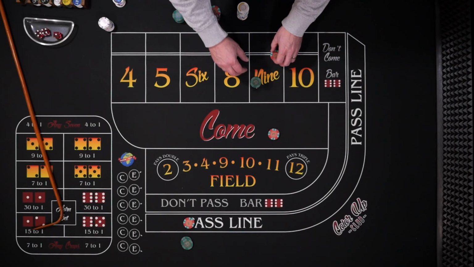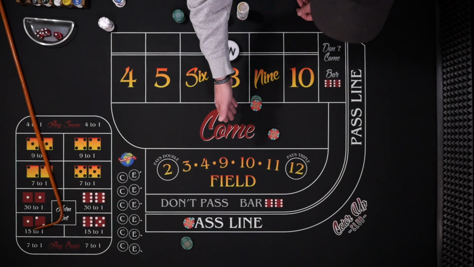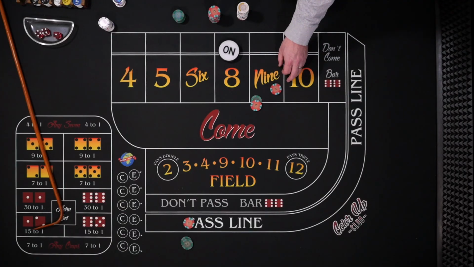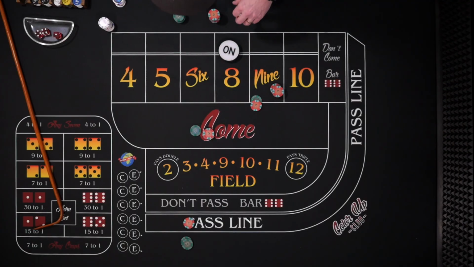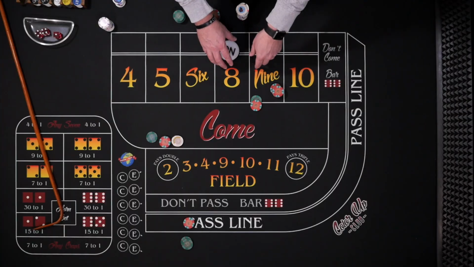Now let's say a place bettor bets $30 on the 9. If the shooter rolls a 9, our come bet will move inside. He can then place $20 in odds. Our place bettor is going to get paid $42 right off the bat the first time the 9 rolls.